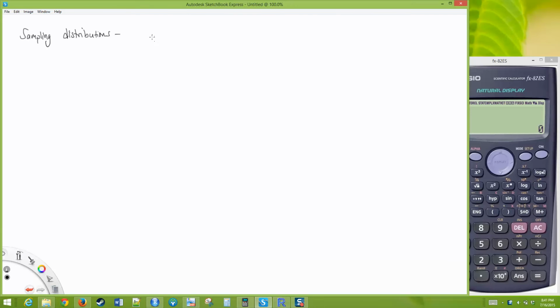And one of the big things, and I didn't call it this, but a big concept is the central limit theorem. Okay. And the central limit theorem is the idea that the sampling distributions end up having the normal distribution.